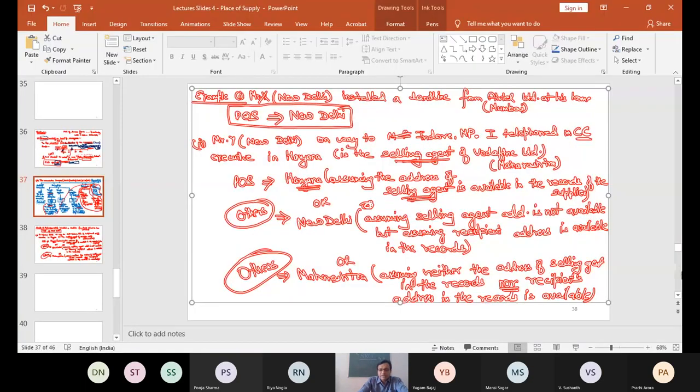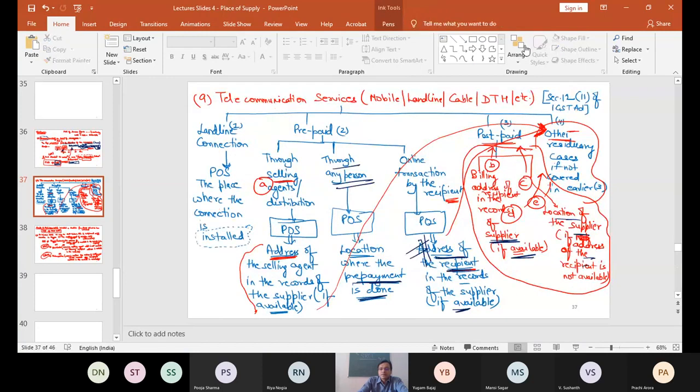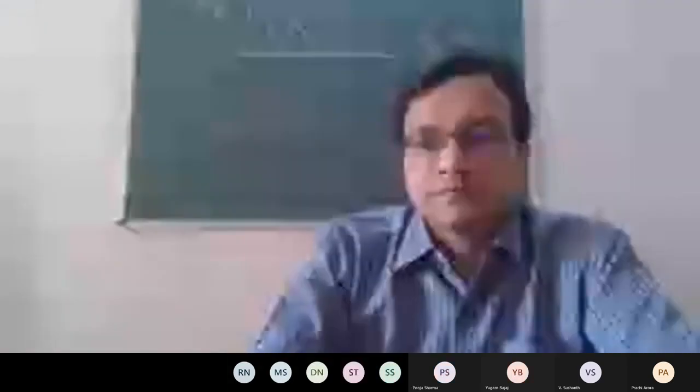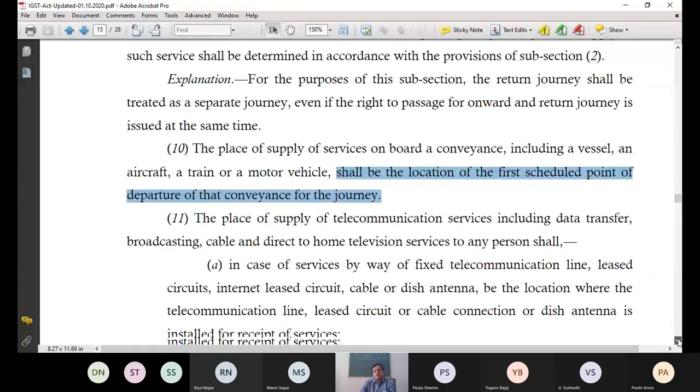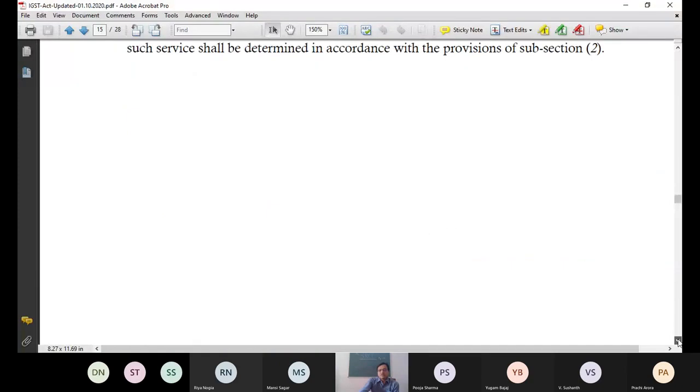So this is how the Act has defined it. Telecommunication is a little bit lengthy. This is how the Act defines the place of supply to be determined in case of telecommunication.